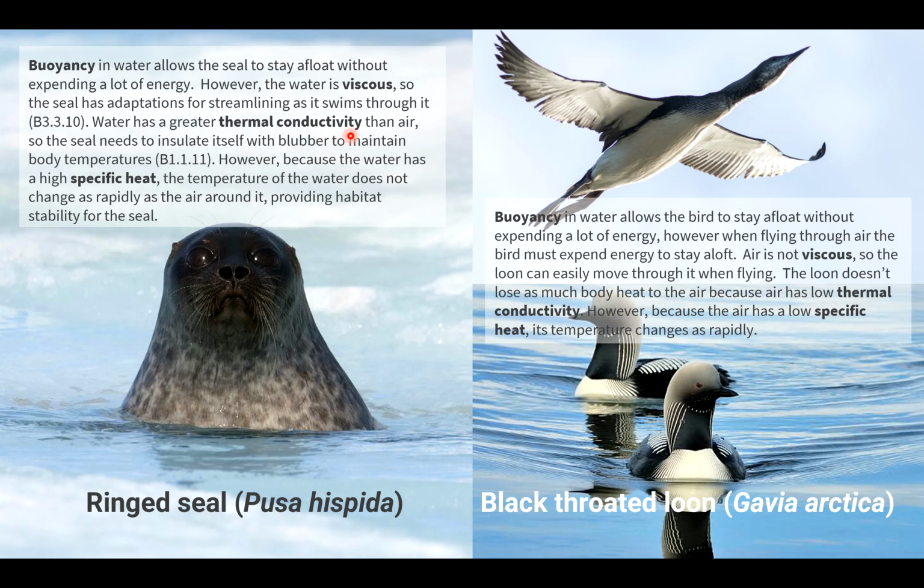Water has greater thermal conductivity than air, so the seal needs to insulate itself with blubber to maintain body temperature. However, because water has high heat capacity, the temperature of the water does not change as rapidly as the air around it, and that makes the habitat suitable for the seal to survive.